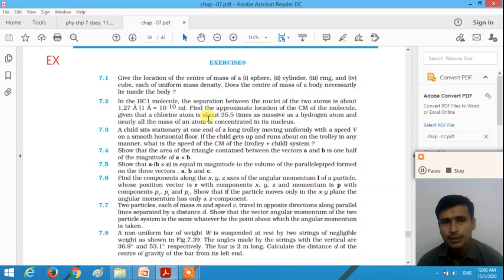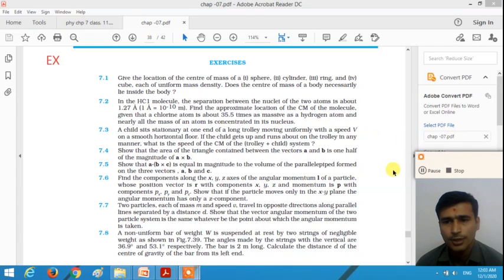Given that the chlorine atom is about 35.5 times as massive as the hydrogen atom. So we take the mass of the hydrogen atom as 1 gram and the mass of the chlorine atom as 35.5 gram, and nearly all the mass of the atom is concentrated in its nucleus. So similarly to the previous example, take the distance between the hydrogen atom and chlorine atom as 1.27 angstrom, right?